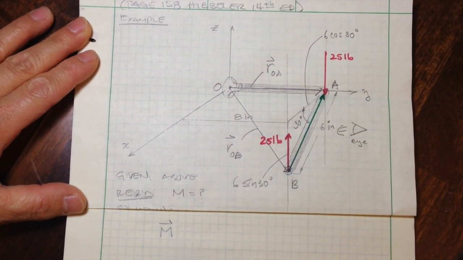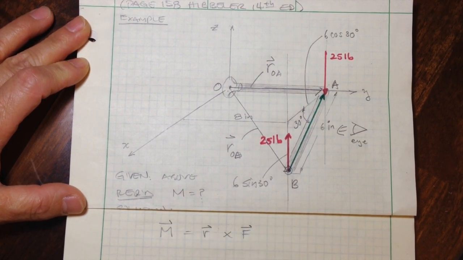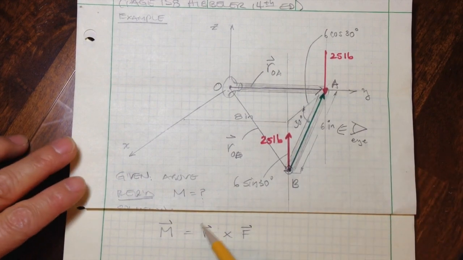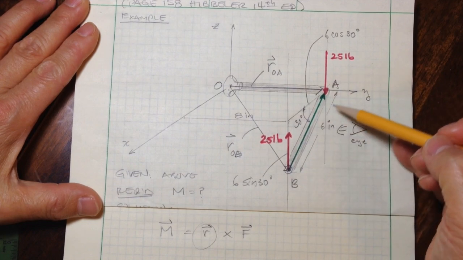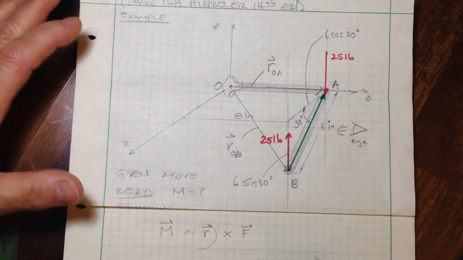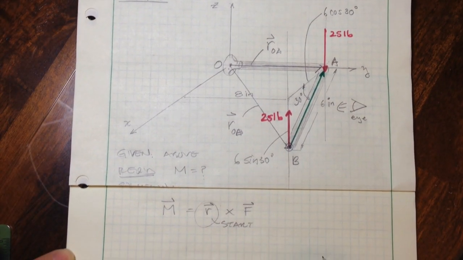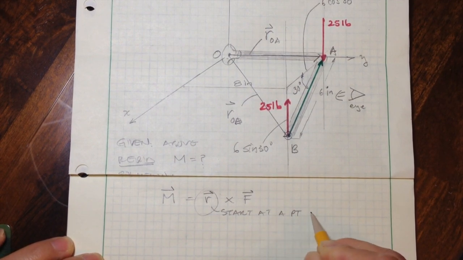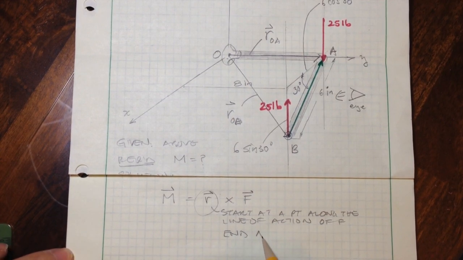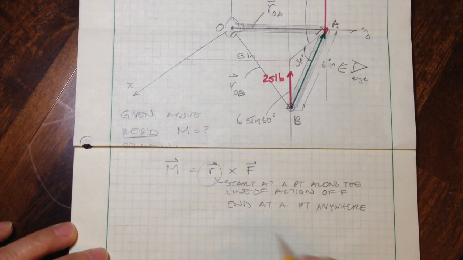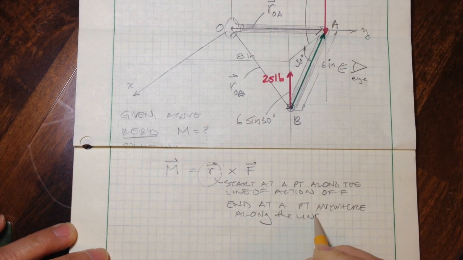We can use a formula that says the couple moment is equal to the position vector cross the force F. So this position vector has to start somewhere along the line of action of one of the couple forces and end up at a point anywhere along the line of action of the other force.